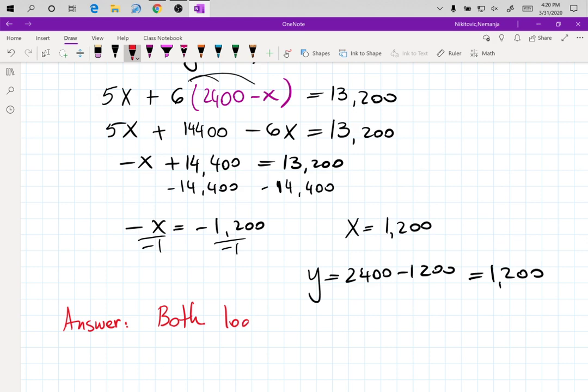Both loans are $1,200. I mean, each, right? So loans that I took are $1,200 each.